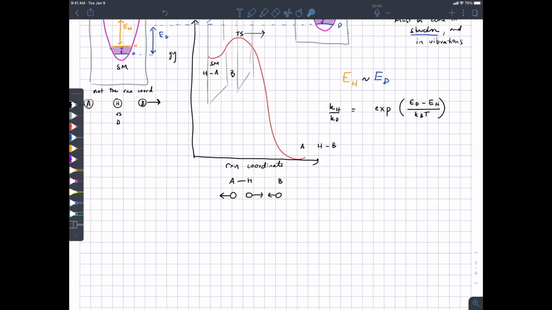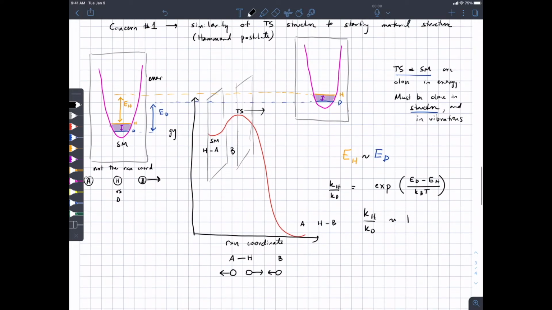So if those are the same, this goes to zero, and my kinetic isotope effect is about 1. So that's one situation where I cannot observe a kinetic isotope effect, even if a bond is changing during a reaction, because it's not very different in the starting material than it is in the product.